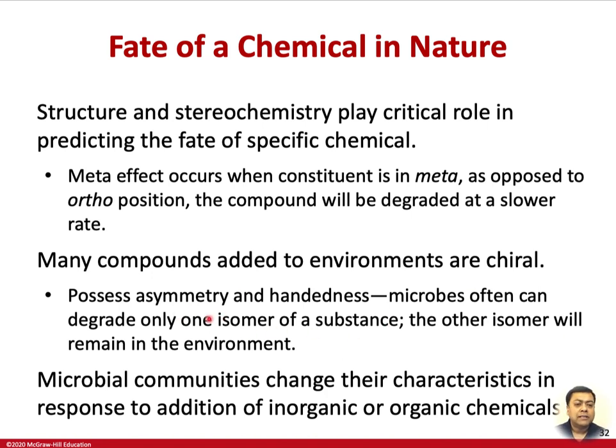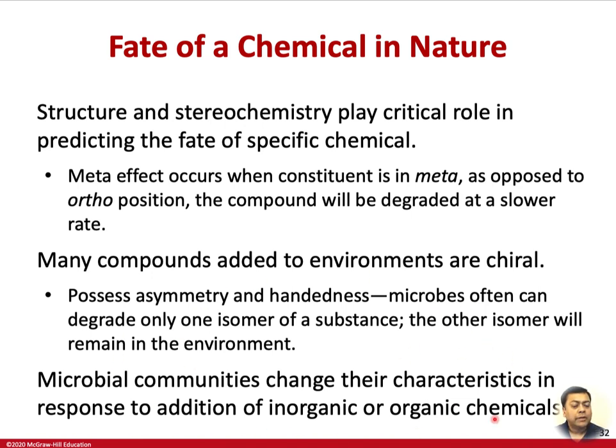So depending upon the chirality or these isomers, some of the isomers are effectively degraded by some of the microbes, but some of them can't. Unfortunately, almost 25% of the herbicides are chiral compounds. A particular isomer which is biodegradable by certain microbes is more friendly to the environment.